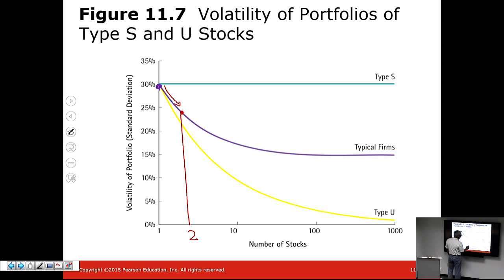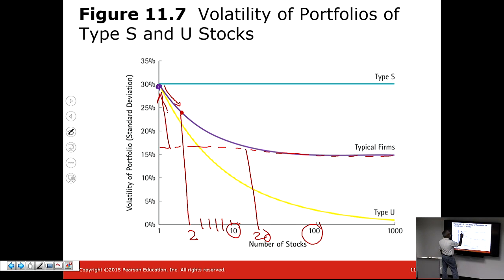But if I keep on adding more and more stocks, add a third stock, fourth stock, fifth stock, sixth stock, a 10th stock, a 100th stock, what is happening? The purple line is beginning to flatten out. That means by adding more and more stocks, somewhere, let's say around 20 stocks, I have eliminated all of the unsystematic risk.